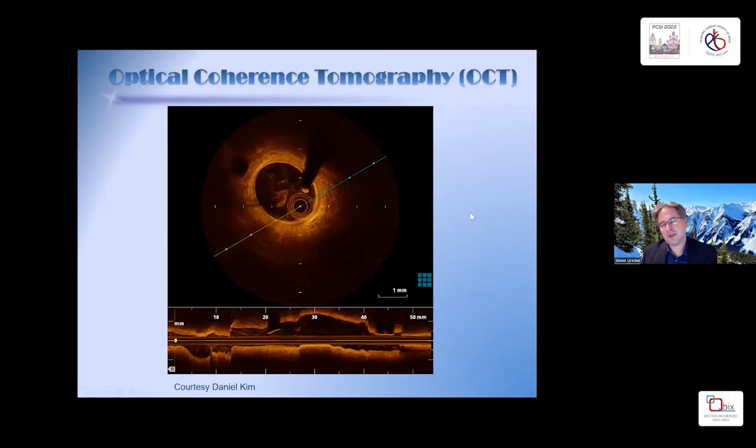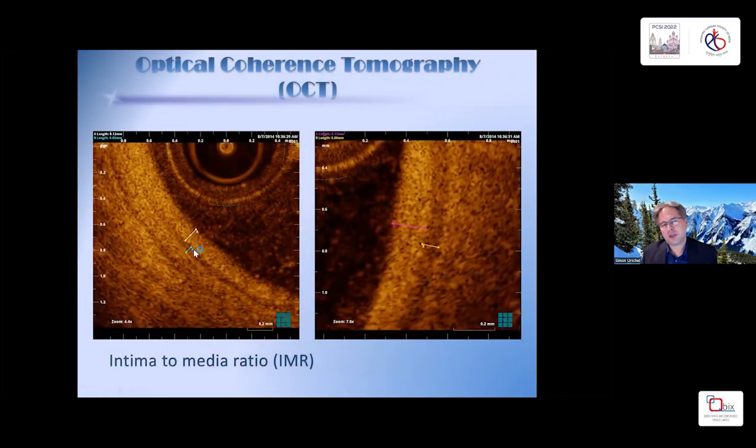And it allows you to basically microscopically differentiate the walls, intima and media, and use the measurements that we know from previous pathological assessments.